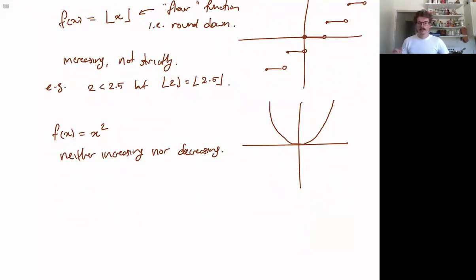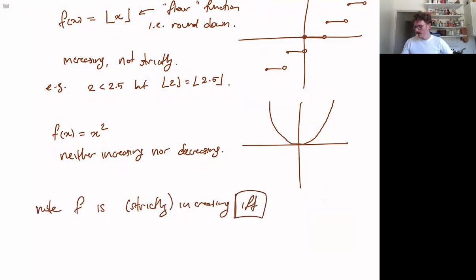And decreasing, so these are all examples of increasing. Decreasing works essentially the same. And in fact, let's even say, note that f is increasing or strictly increasing if and only if, so remember the I with two f's means if and only if, negative f is decreasing or strictly decreasing.